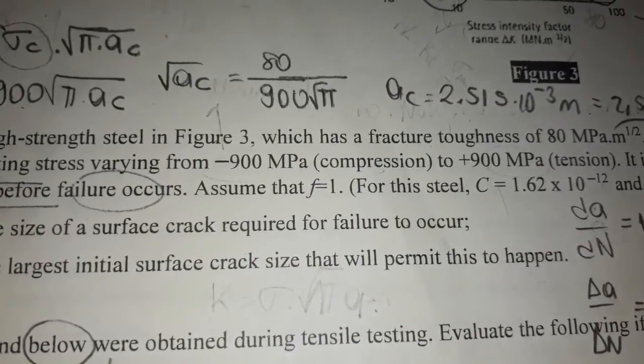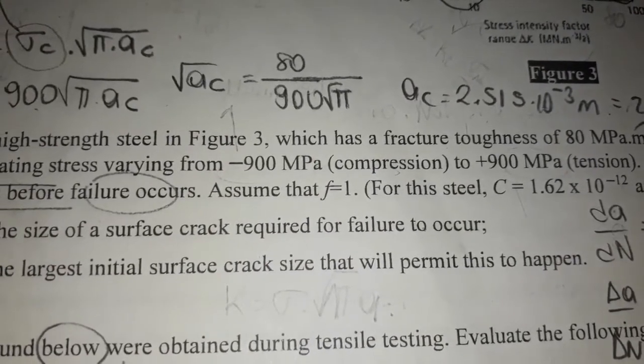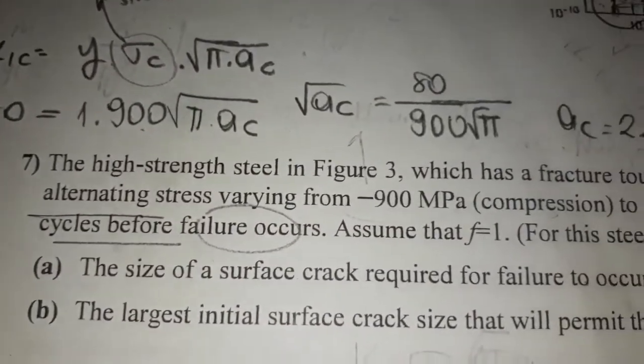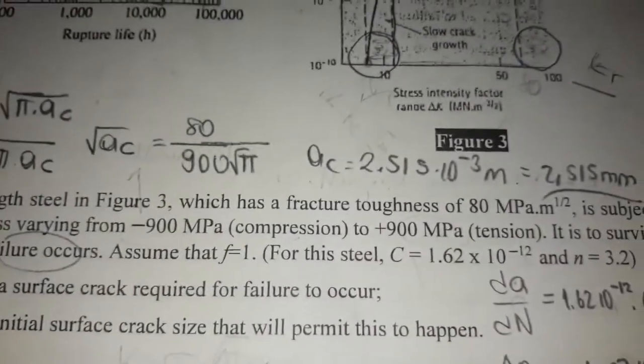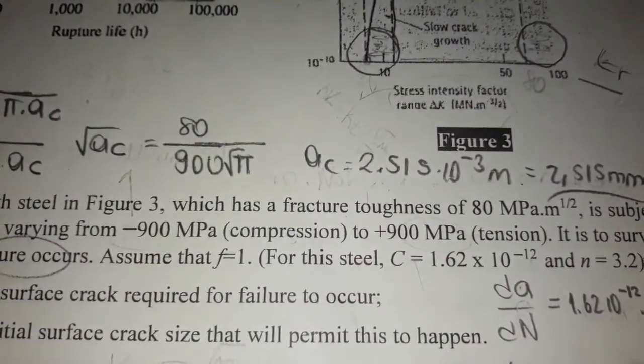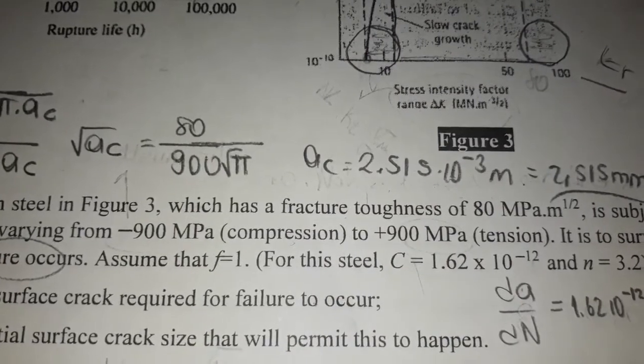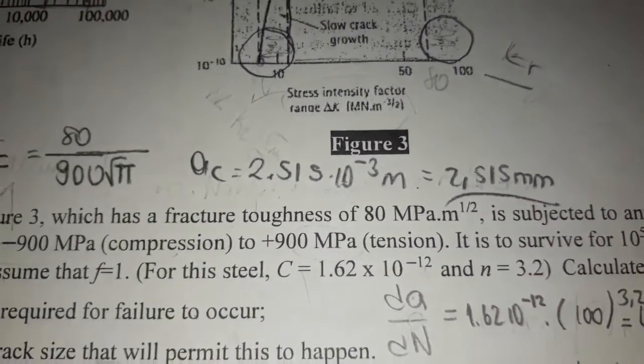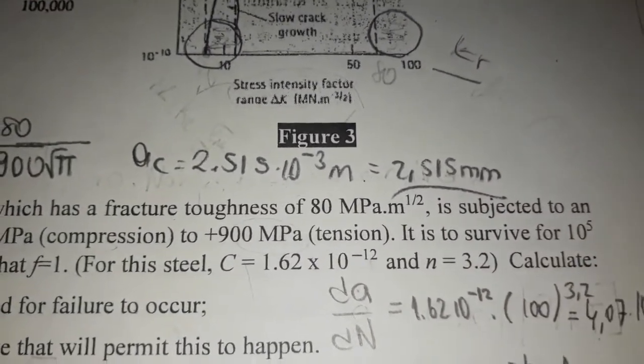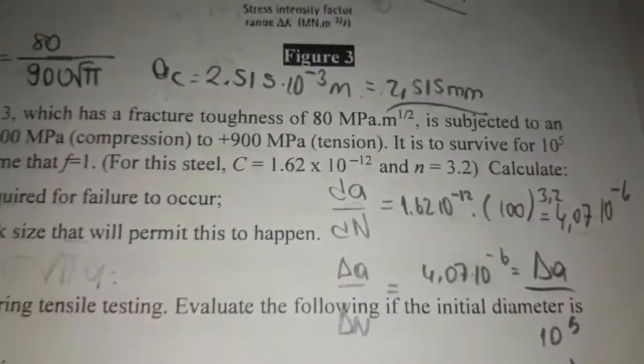So 900 minus minus 900 over 2 equals 900. From there, AC equals 2.515 times 10 to the minus 3 meters, which is 2.515 millimeters.